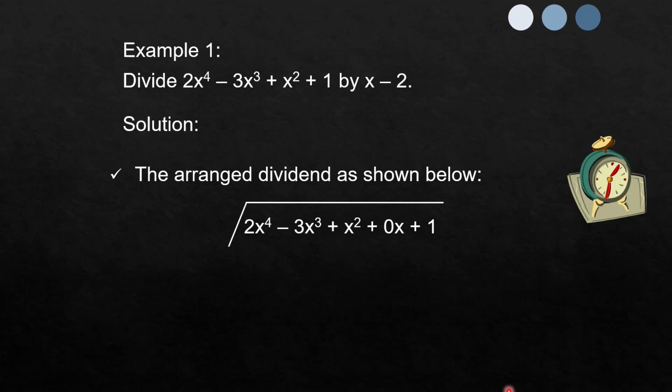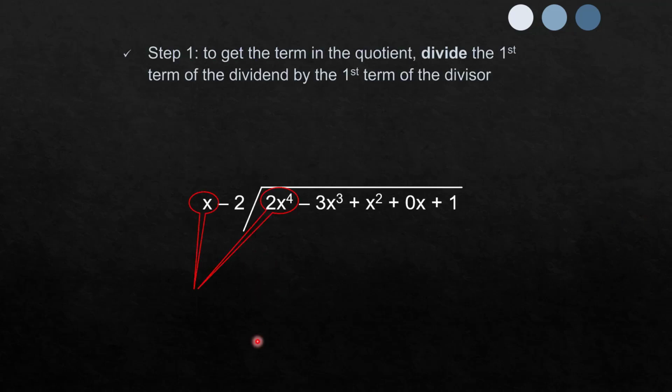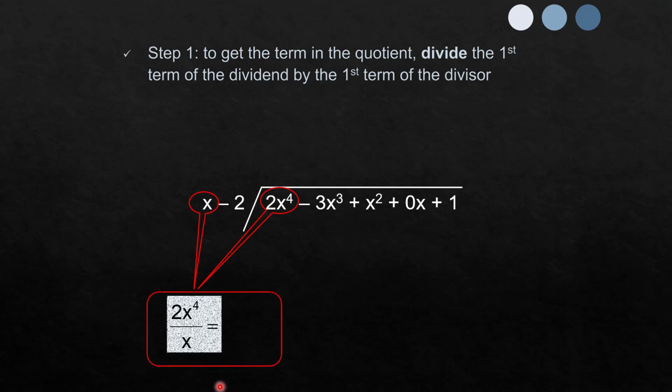Please note that all terms are written, including the term of 0. So you have the term of x with the coefficient of 0 there. When it is divided by x minus 2, you will first pick the first term to divide by x, the first term of the divisor. 2x to the power of 4 divided by x will be 2x cubed.